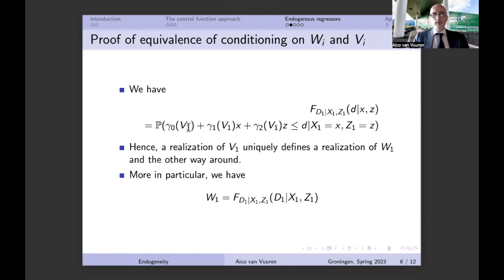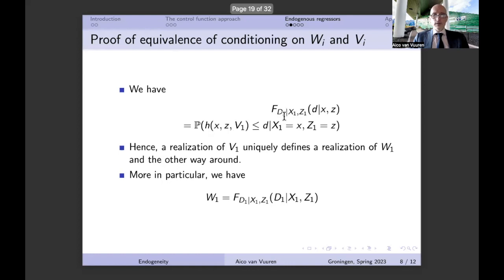Then the next step that I'm going to take is that I know from slide number 3 that the right hand side of the d equation we can denote as the function h of x, z, and v1. So I'm going to write it like this. This was just a definition. The right hand side of the d equation was given to be possible to write as h of x, z, v1.